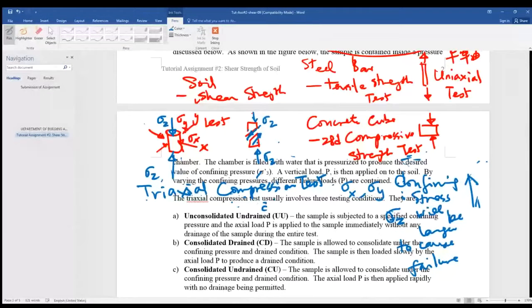So imagine, right? Say here, if that's 100 confining stress, what's the vertical stress to fail this specimen?